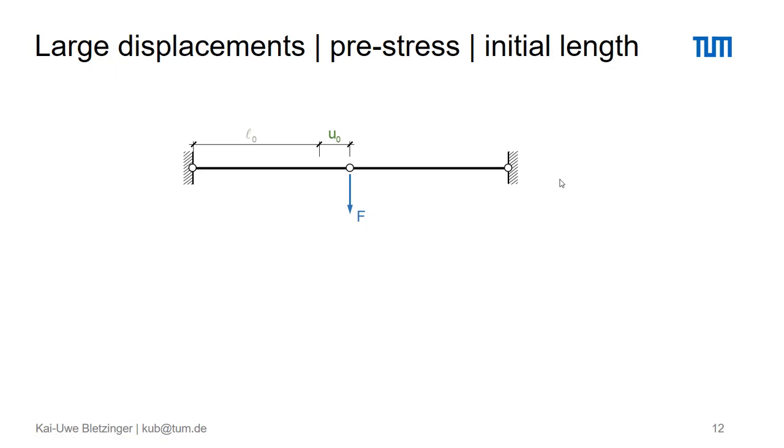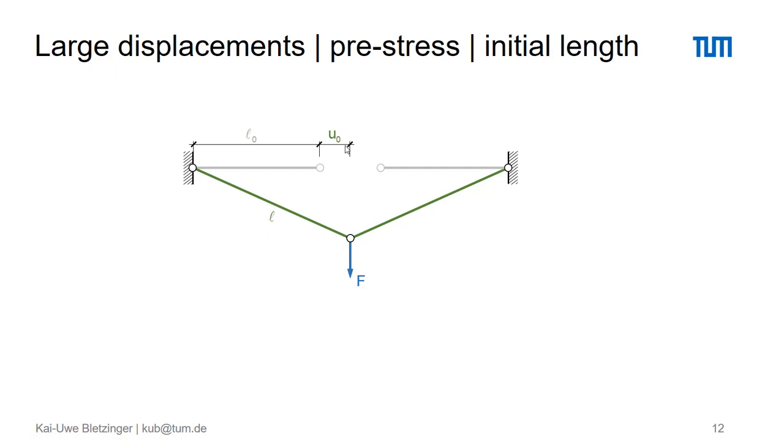Okay, let's now look at our pre-stressed model here. We have just closed the gap to the right support, and we now observe the initial length and the pre-deformation, the pre-displacement U sub 0. Then we observe the final deflection, and in this sketch you see everything that is of importance: the deformed length, the applied load, the undeformed length, and the pre-deformation U0.